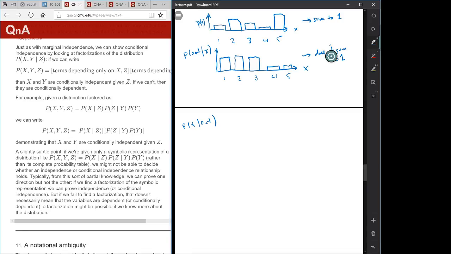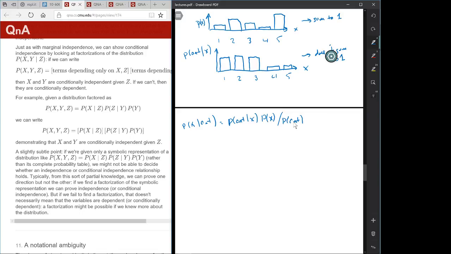And so we know that this is equal to P of cat given x, P of x over P of cat, right? And so of these 3 terms here, we're given P of x, that's up here. We're given P of cat given x, and we don't know P of cat.